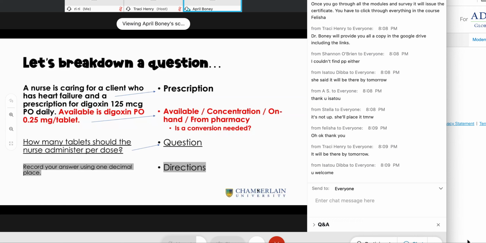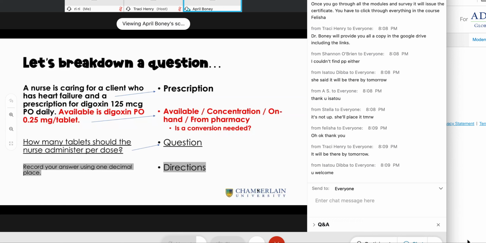Sometimes that'll say available. Sometimes it'll say the concentration is. Sometimes it'll say on hand is. Sometimes it'll say from the pharmacy is. Digoxin PO 0.25 milligrams per tablet. It all means the same thing. It means that what you have available from your pharmacy on hand in the concentration is X, and then you have an order.